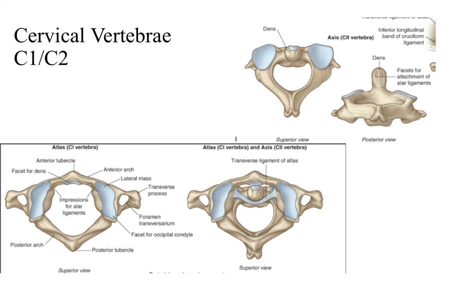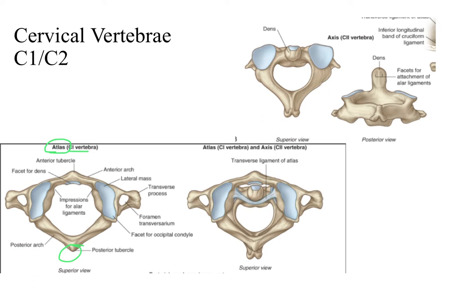Specifically, C1 and C2, cervical vertebrae 1 and cervical vertebrae 2, have the most different morphology of any of the vertebrae, and that morphology is related to its function. So C1 is also known as the atlas, and it's known as the atlas because, well, first of all, you don't see a spinous process, you see a tubercle instead, a little bump.